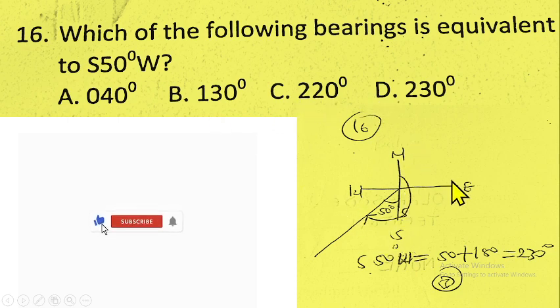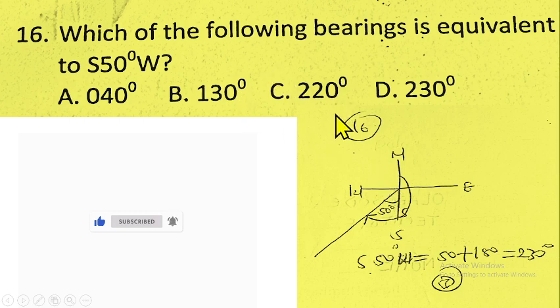So draw the cardinal point, then locate this bearing. So this is 50 degrees southwest. This is south then to west. So draw a line from the south to west. So this is the angle 50 degrees southwest.